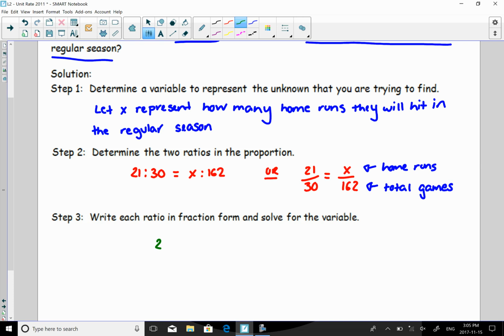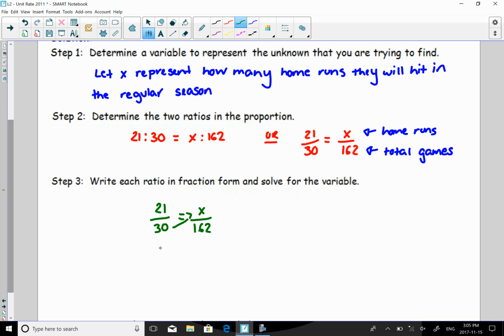So 21 over 30 is equal to x over 162. Cross multiply, so I have 30 times x, which is 30x, which is equal to 21 times 162. 30x equals 3,402.